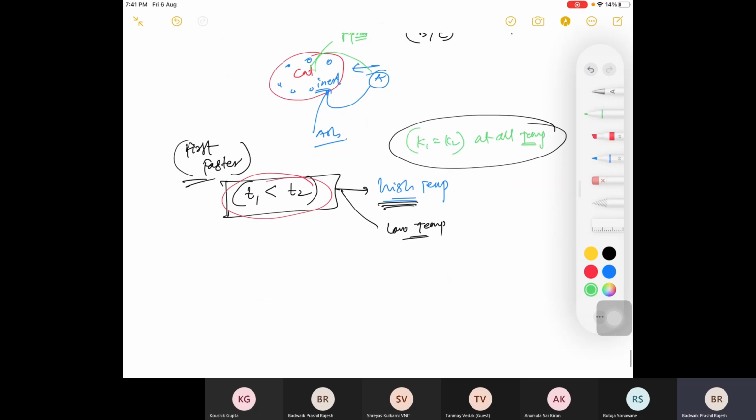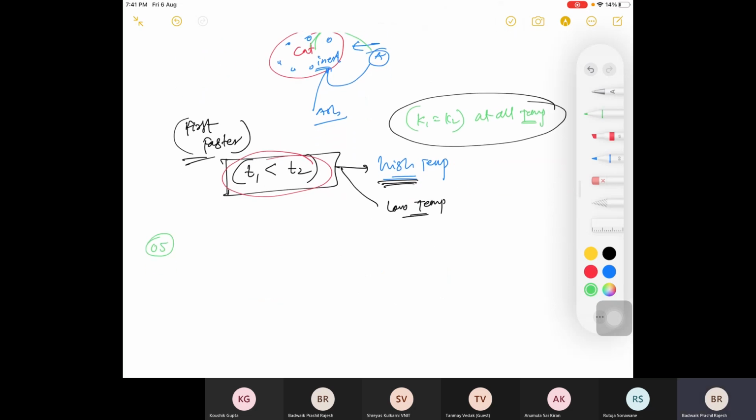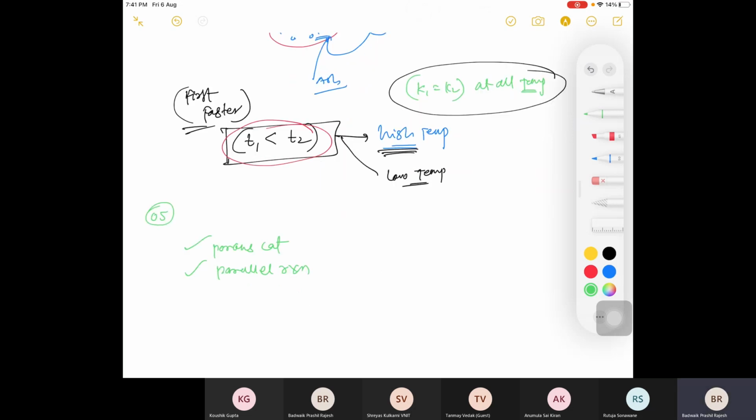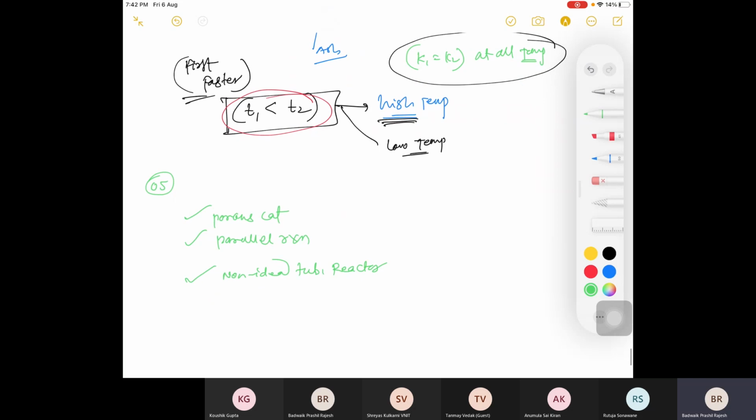Then GATE 2005, match the pair. Porous catalyst, you tell me. Okay, I'm not explaining this. Parallel reaction. Then non-ideal tubular reactor. And the last one is gas solid non-catalytic reaction. This we have not covered.